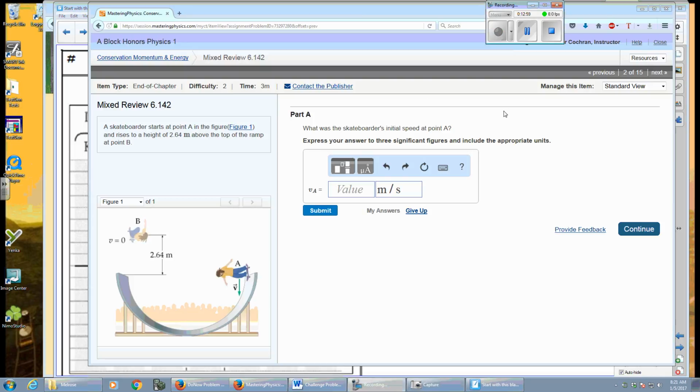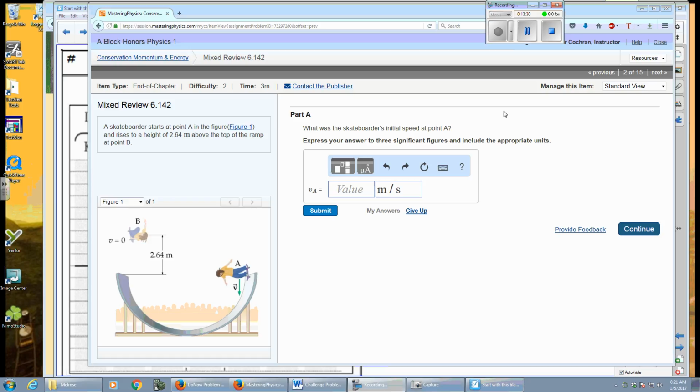All right, so on to number 2, and another conservation of energy one. So we have a skateboarder, and they start at point A and rise to a height of this above the top of the ramp at point B. What's the skateboard's initial speed? So at A, now what does it mean that that's the highest height they get to at B?